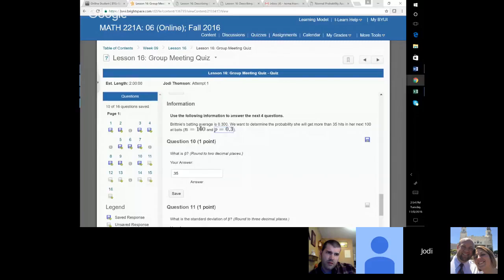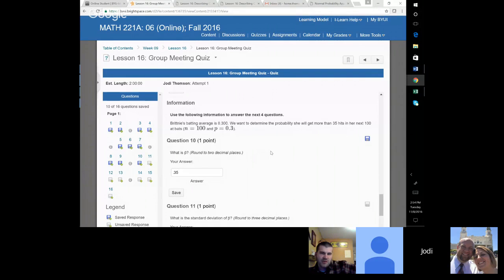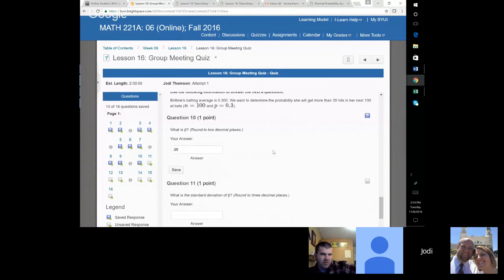This is the mean, this is what's really happening, she's the 0.3. But the probability is, I think, 0.35. Because we're trying to figure out first the 35 hits, and then we have to figure out if she can get more than that. So it should be the 0.35.